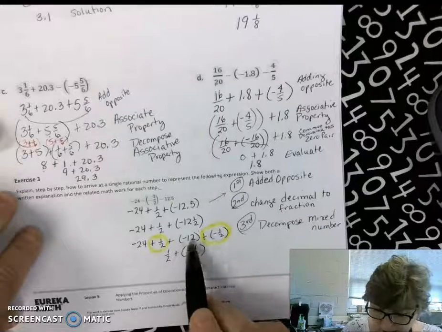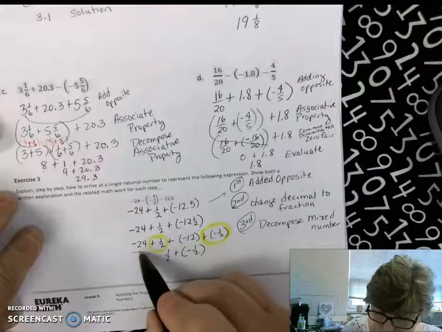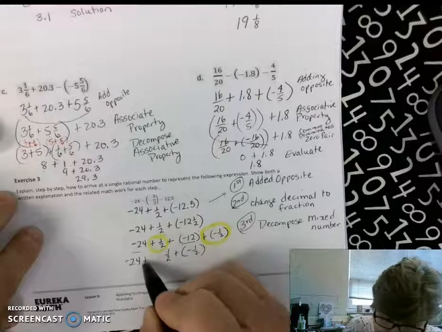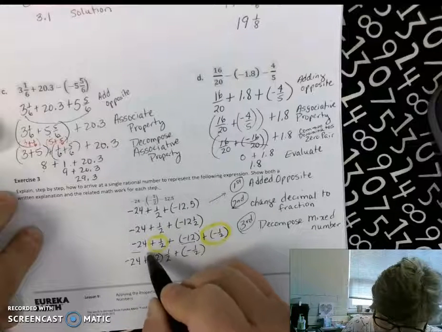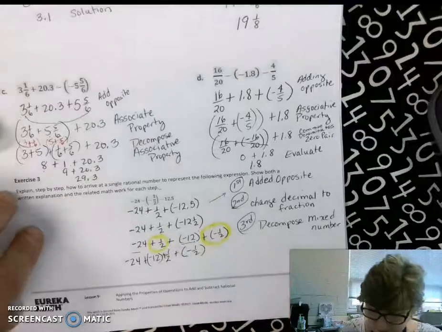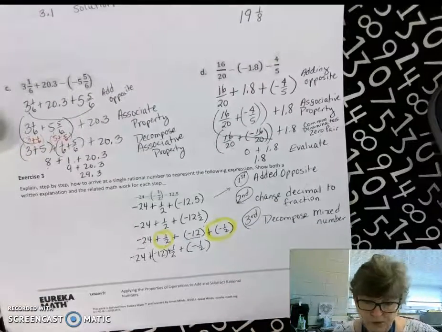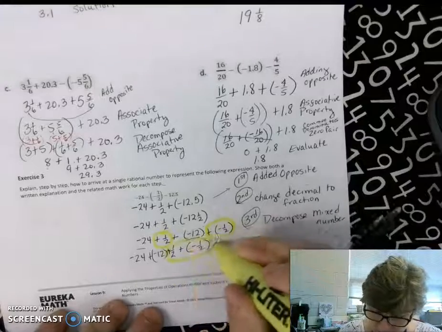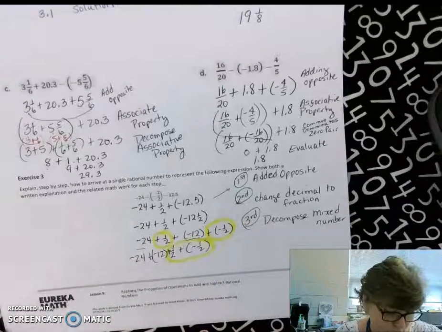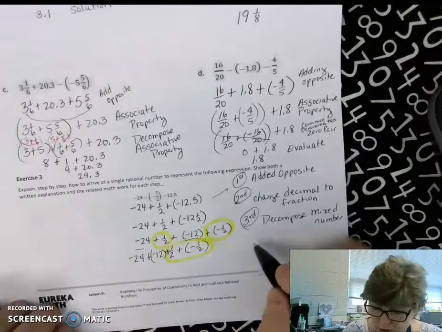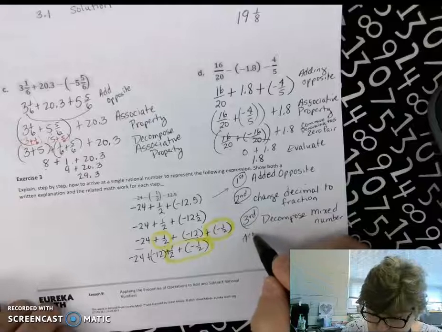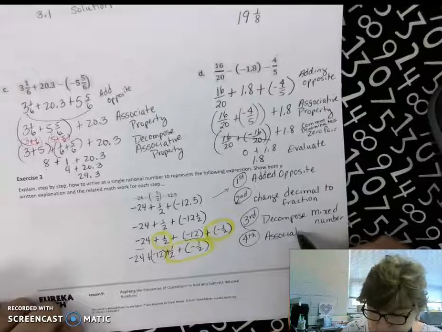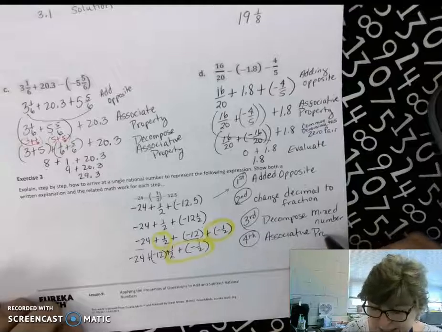And then I'm going to group the other two together. All right. Now that I've done that, I want you to notice I've used what property? Associative is where you're grouping. So it makes it easy for me.